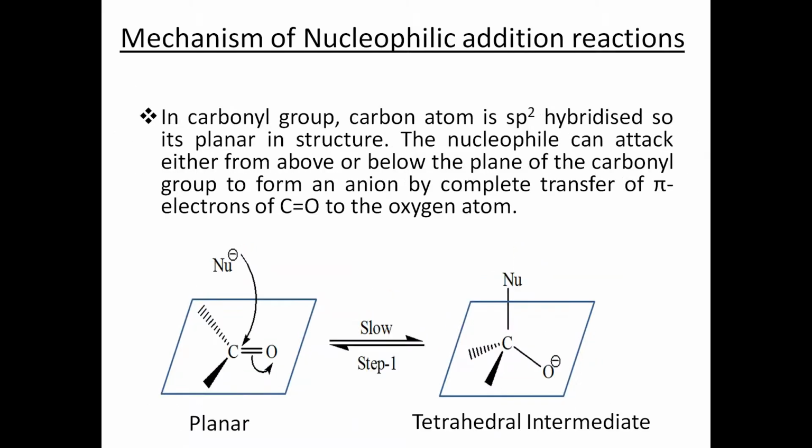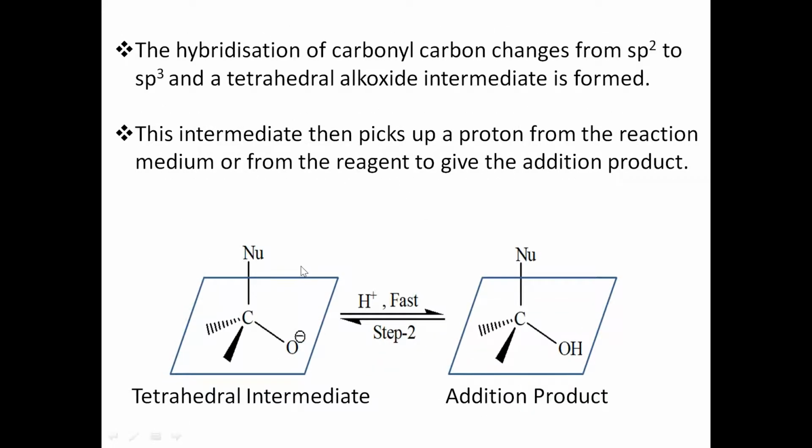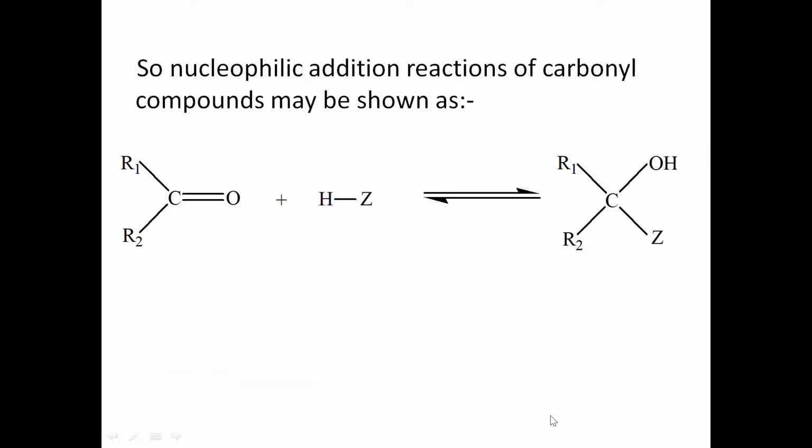You can see here nucleophile attacks at the carbonyl carbon, sp2 molecule, planar structure, gets converted into sp3, tetrahedral intermediate, and then this O negative will take up the proton from the reaction medium or from the reagent. It is a comparatively faster reaction and it gets converted into OH. So addition product is formed. So if I have to write down the reaction, this is the carbonyl compound.